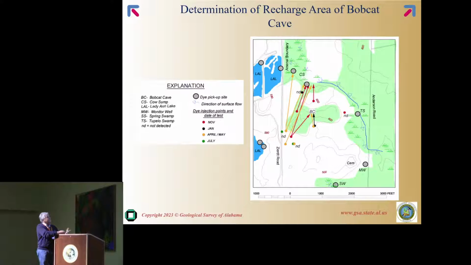And for the same reason, I'll present some data from studies to show how complex the hydrogeology is, even though the geology, let's say, is very simple in a horizontal setting. For example, in the 90s, the Geological Survey of Alabama injected some dye south of Bobcat Cave, about 500 meters, and the dye, instead of going southwards toward the Tennessee River, was found in the cave.